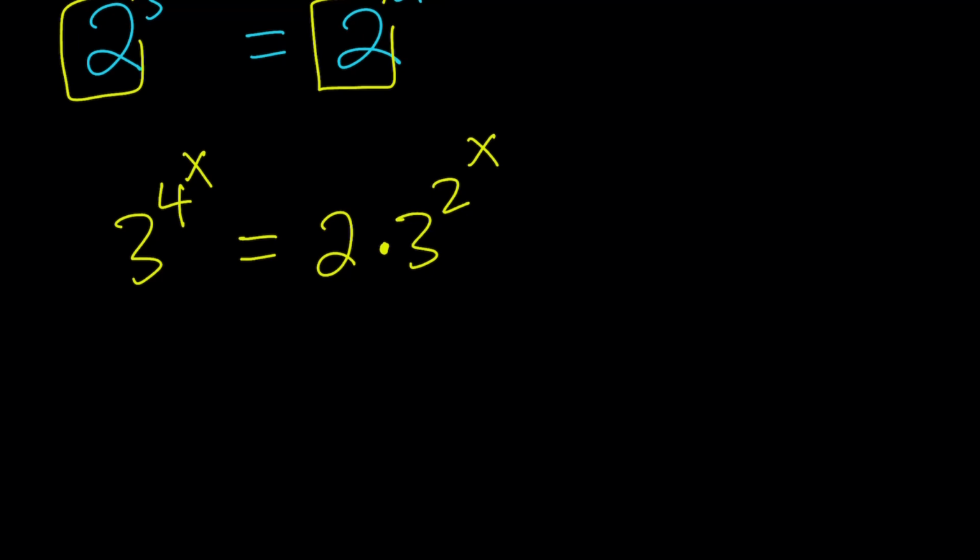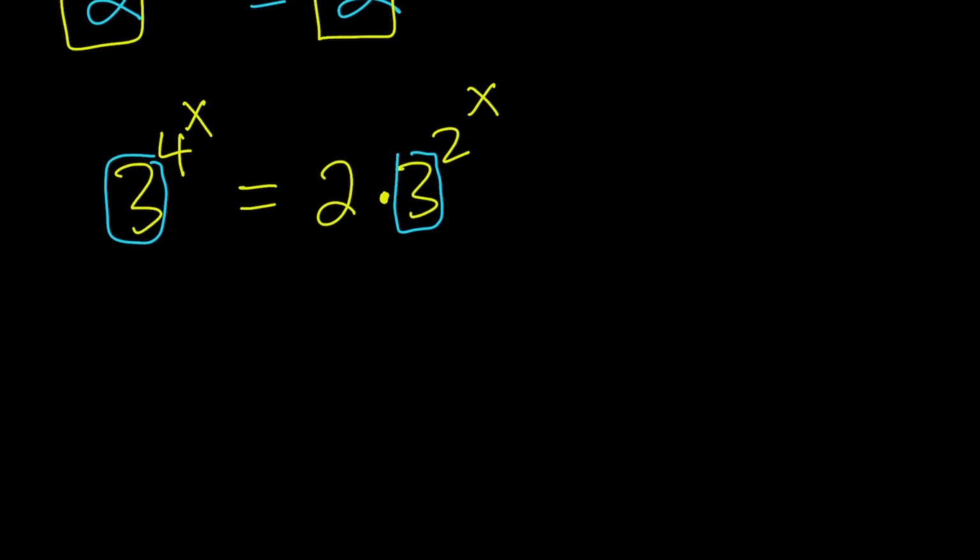But one of the things that you should notice here is, once we write the exponents, then we have the same base one more time for these two numbers, 3 and 3. That's what's really cool about this problem, is that as you solve it, you end up with the same base, and you can continue to simplify it. If we had different bases, obviously it would be a totally different story.